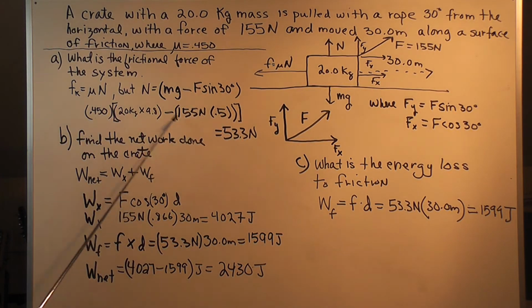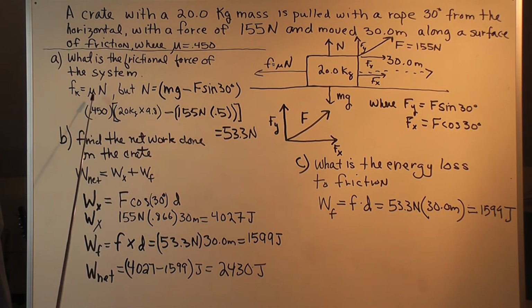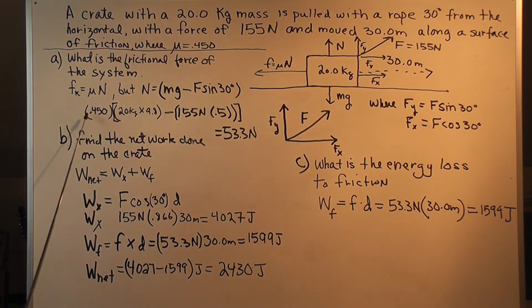Okay, and so let's calculate this out. We have the frictional force is going to be equal to mu times N. N is going to be equal to this right here, so we'll plug everything in. We have mu 0.450.